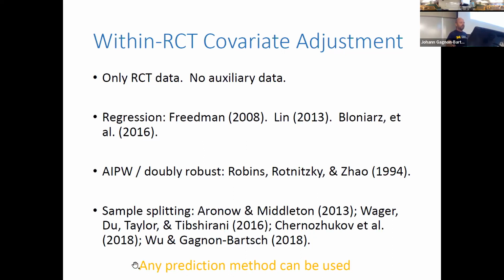And in these methods as well, any machine learning prediction method can be used. So I'm going to pause here for a second and ask you all a question. This tau_i, this individual treatment effect, is that estimable?